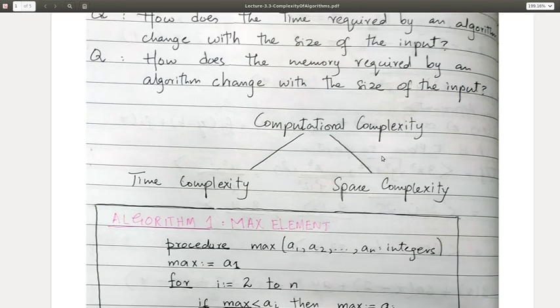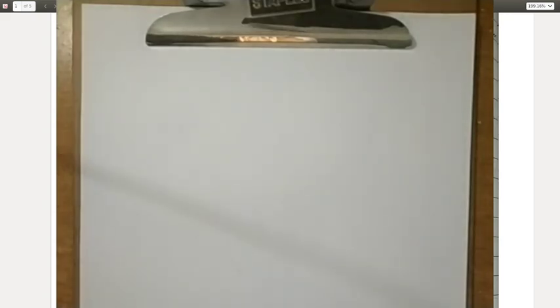Space complexity is something that we will not discuss in detail. It's something that you talk about when you have a better understanding of data structures. But I'll still mention some of the ways that you can discuss space complexity.